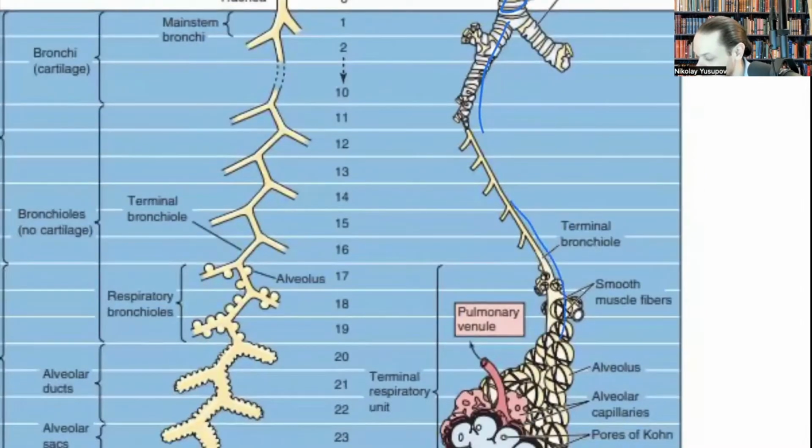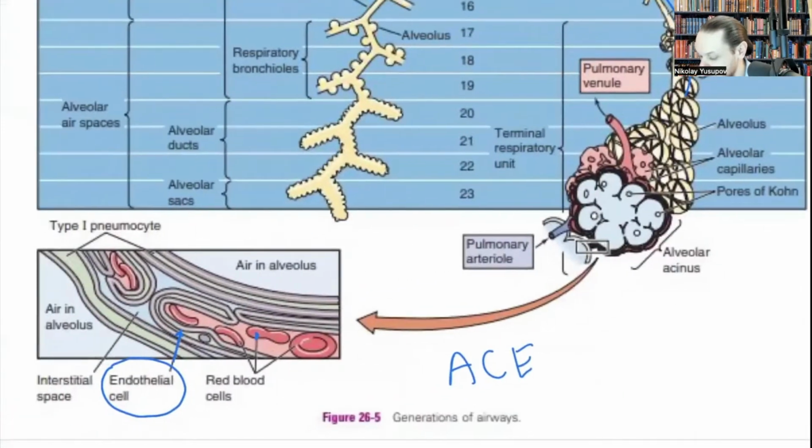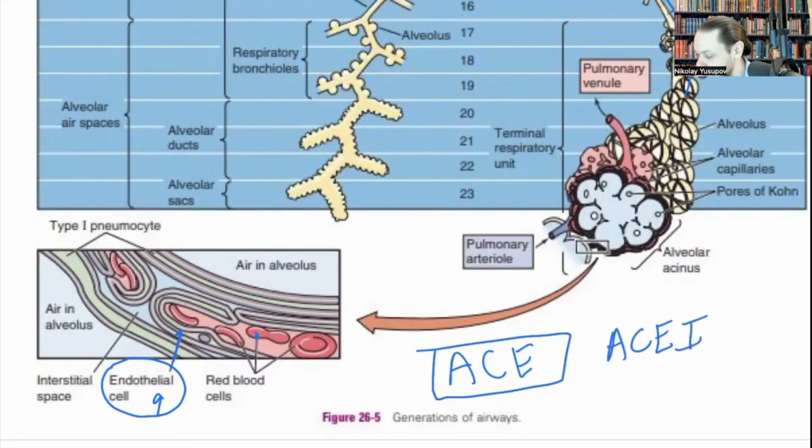It's not found there. It's definitely found in the endothelial cells, the ACE enzyme. And also, when you give ACE inhibitors, they have to go into the central circulation and reach the sites in order to inhibit the ACE enzyme. So all of that makes sense.